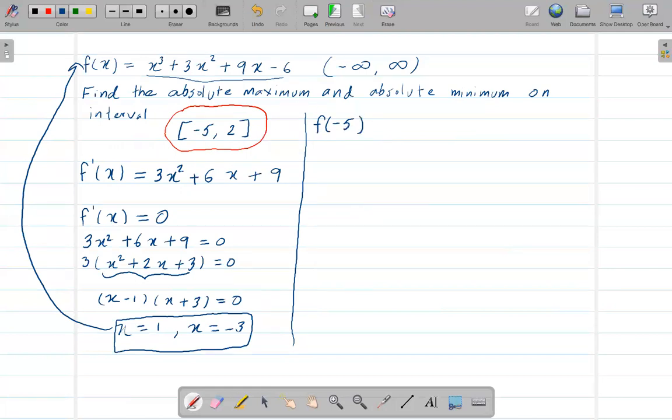Okay, when I say x is negative 5, then what do I get? Sorry, instead of negative 5, let's say negative 4. Yeah, let's say negative 4.